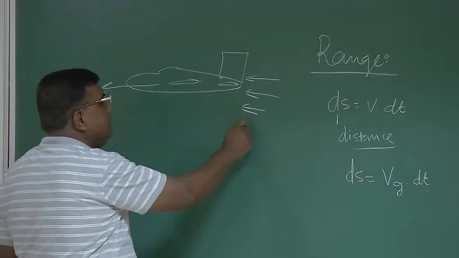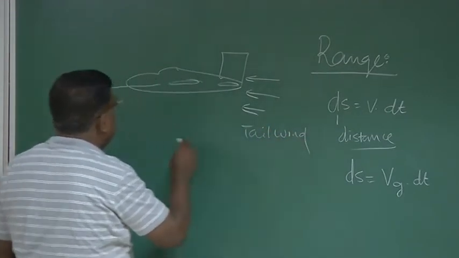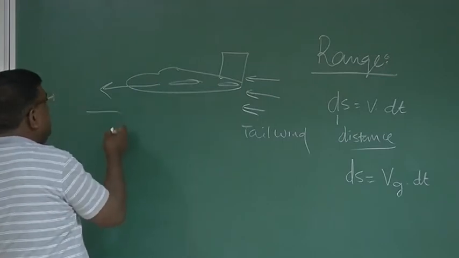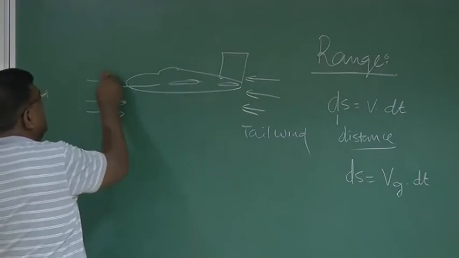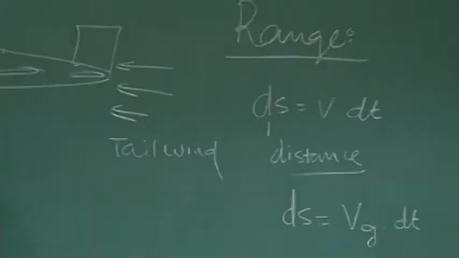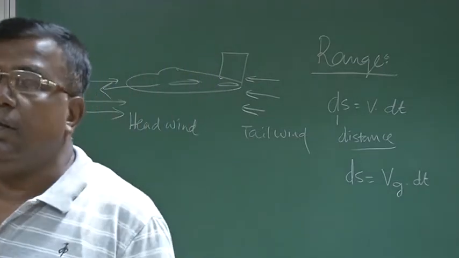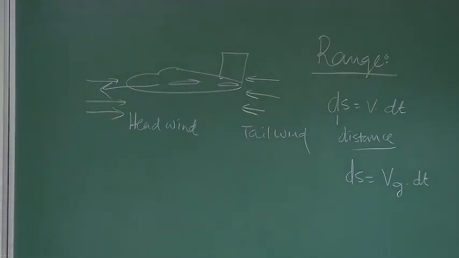This is called tailwind. And there could be a case where wind is approaching the aircraft like this. This is called headwind. So this was not incorporated because we were working in standard atmosphere, where we assume that the atmosphere is still. There is no atmospheric wind.